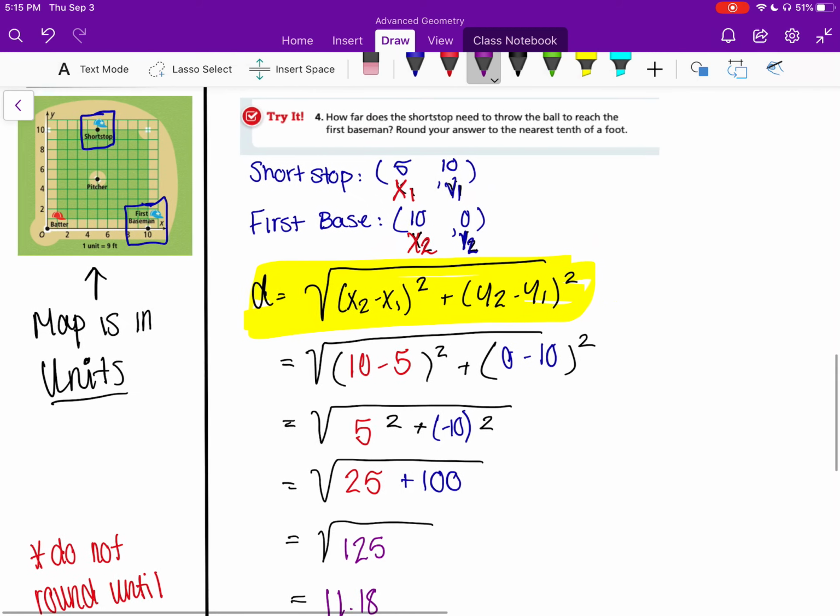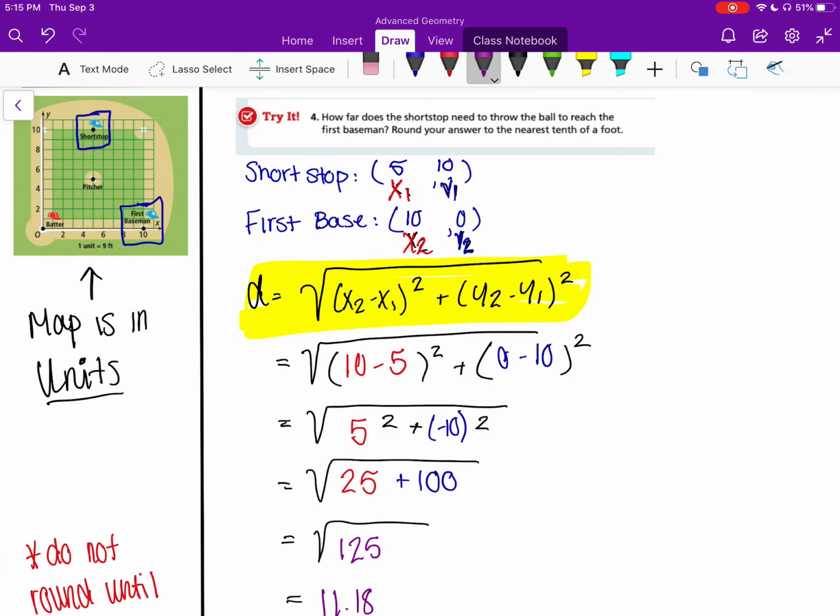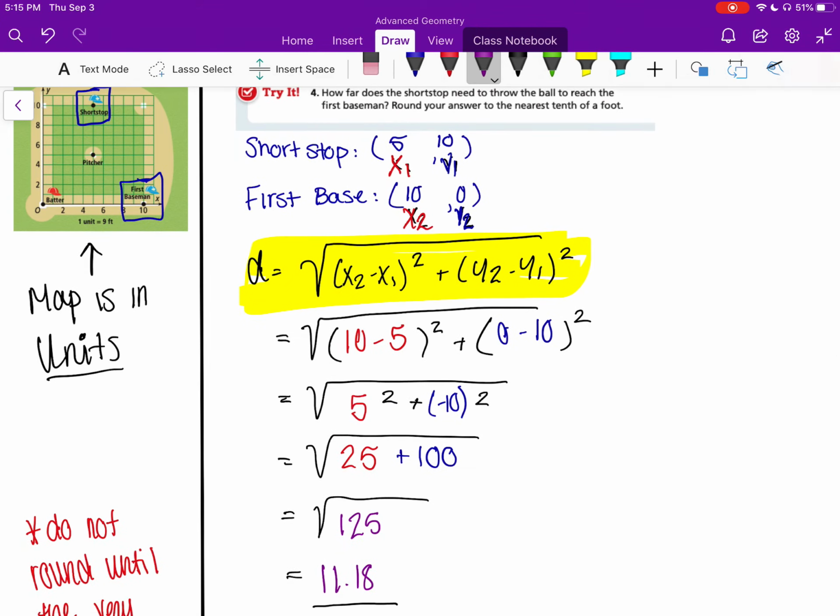So the question tells us, how far does the shortstop need to throw the ball to reach the first baseman? And we have found that the distance between these 2 points is approximately 11.18 units. But let's pay attention to something that's in this diagram that is easy for us to miss, but since we are math scholars, we're going to zoom in and we're going to see it.